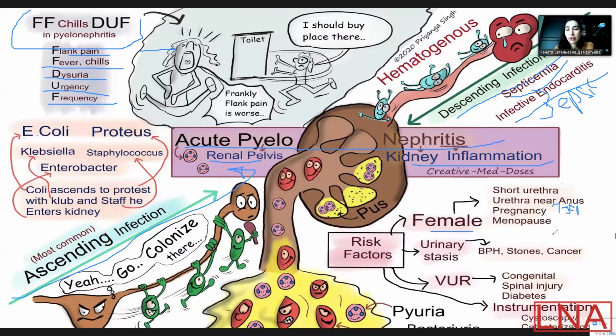Decreasing estrogen, urinary stasis, hyperplasia of the prostate gland, stones, cancer, and pressing obstruction from outside. Next, congenital conditions, spinal injury, diabetes affecting innervation, volume of urine, and instrumentation as a host factor or iatrogenic damage.